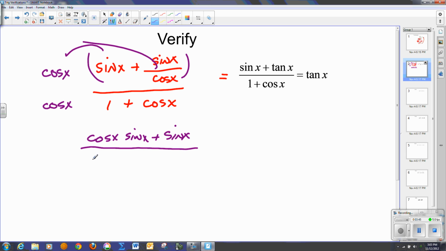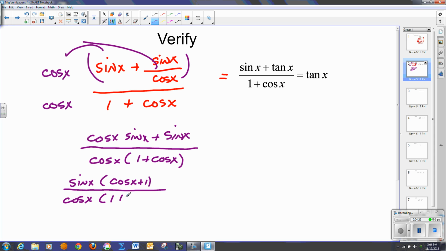And I'm going to leave this for right now. Cosine of x times 1 plus cosine x. And I'm going to show you why I left it as is. I see ahead of time I'm trying to reduce this to sine over cosine in the end. And I notice in my numerator I have a common term of sine that I'm going to factor out. So if I factor sine out of the top, I'm left with cosine x plus 1, which just so happens to match up with the cosine x plus 1 in the denominator.